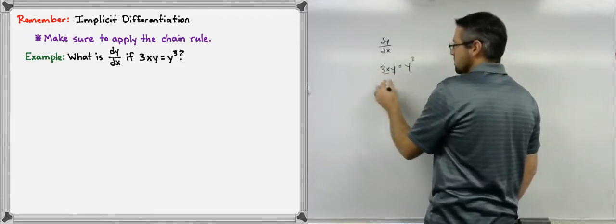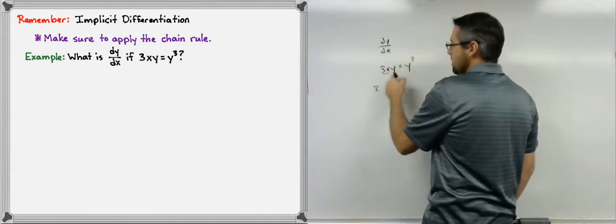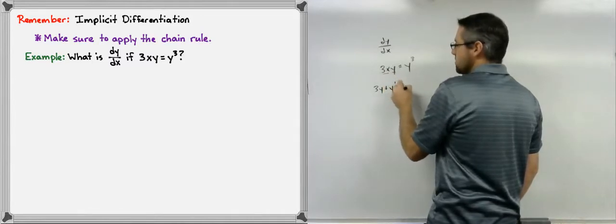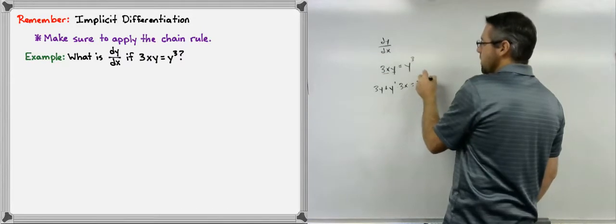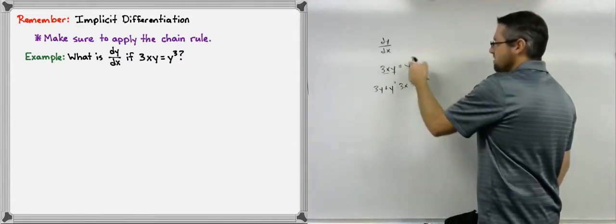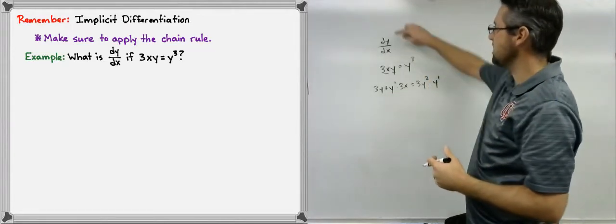Not a composition, but a product. So product rule: derivative of 3x is 3, times y, plus derivative of y, which is y prime, times 3x. And then on this side, it would be 3y squared, but then we have to apply the chain rule, times the derivative of the inside, which would be y prime. And of course, y prime is just representing dy dx.